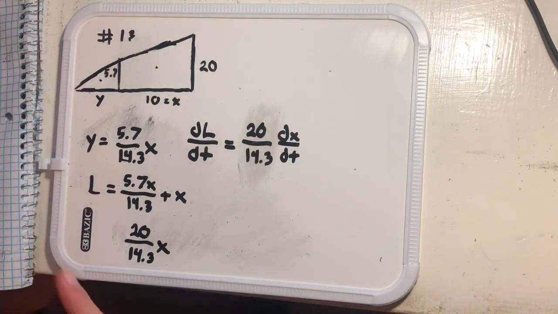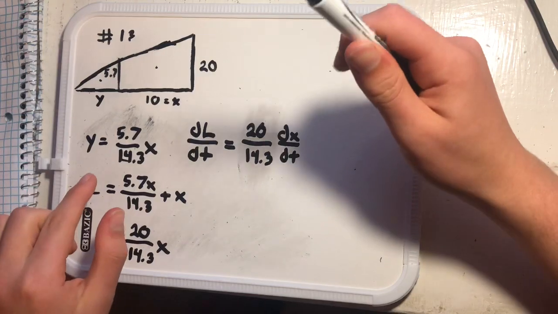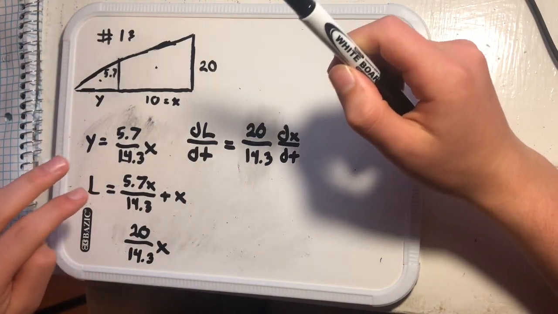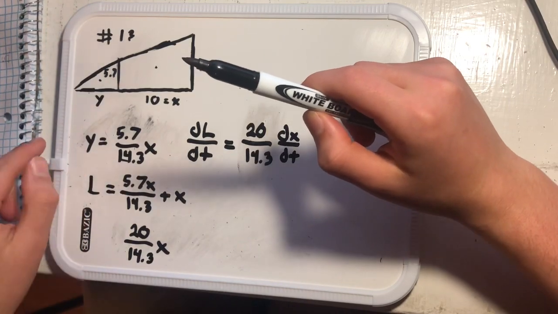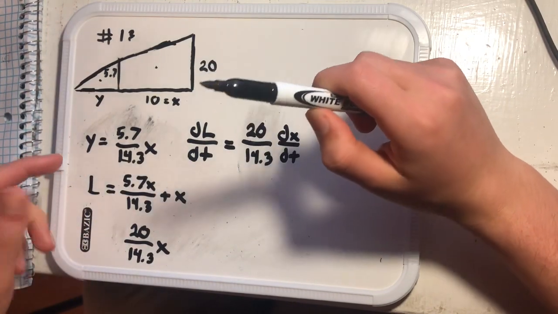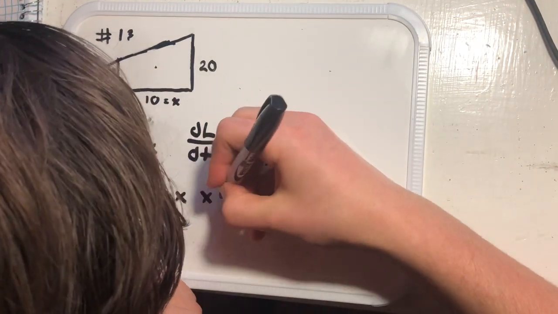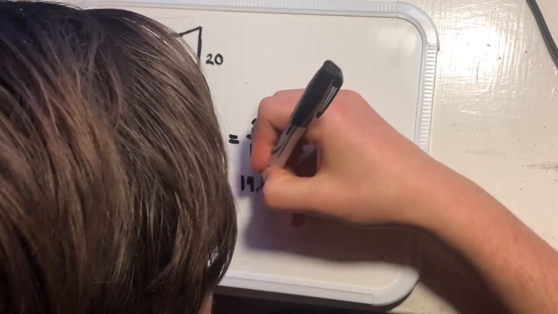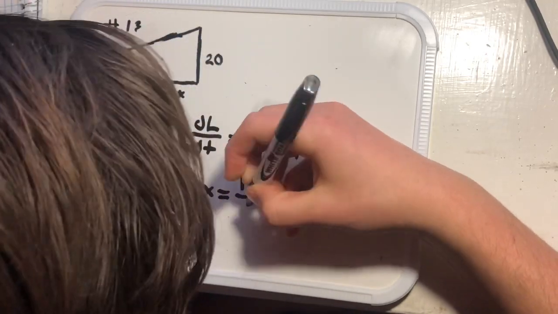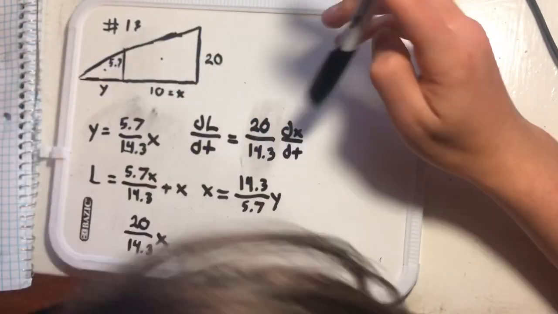Now, what we know about solving for x is that if you take the reciprocal of this equation and multiply it onto y, you'll have x equal to 14.3 over 5.7 y.